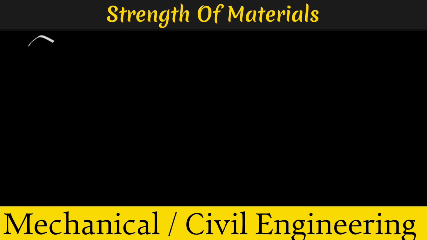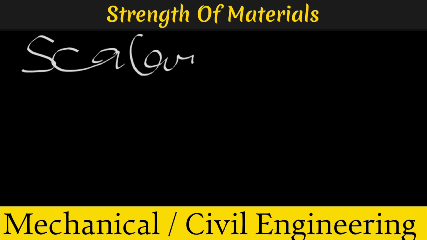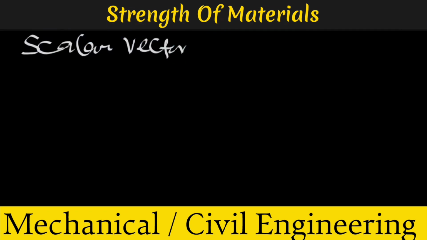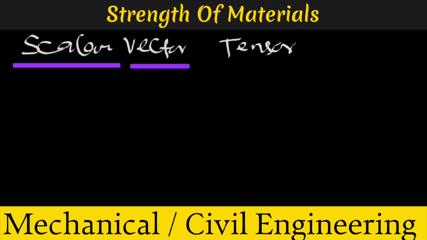Now we'll discuss the quantities. Okay, so we know there are three types of quantities. One is the scalar quantity, another one is the vector quantity, and the third one is the tensor quantity.